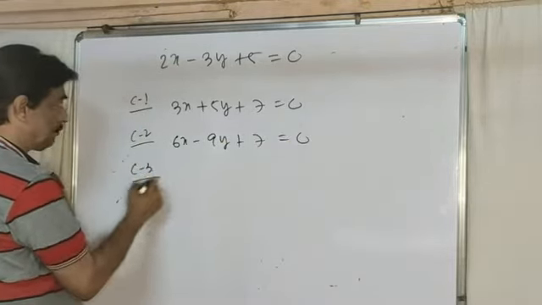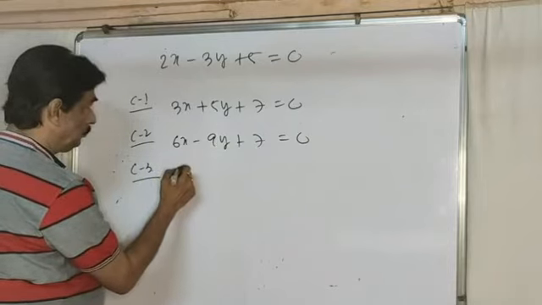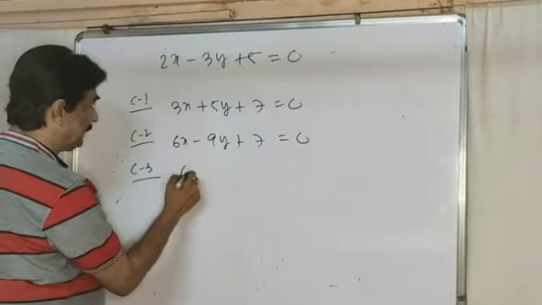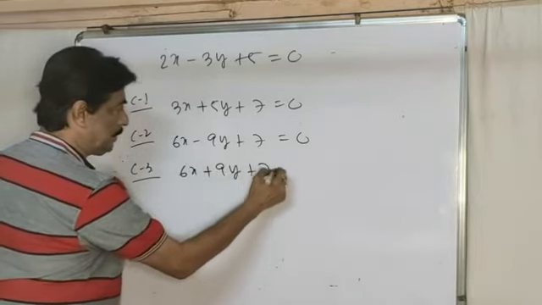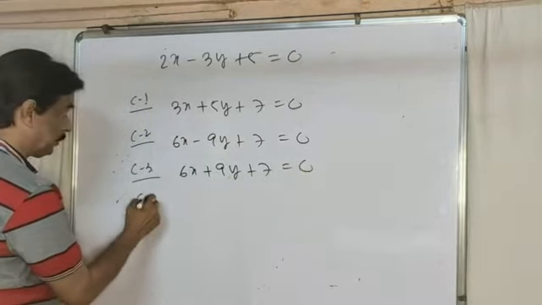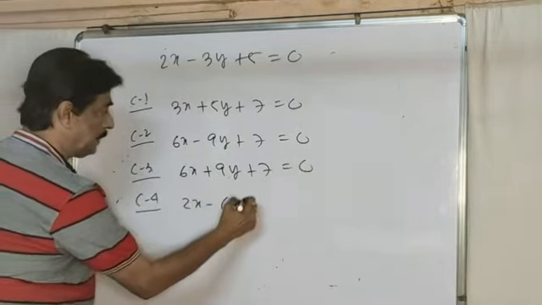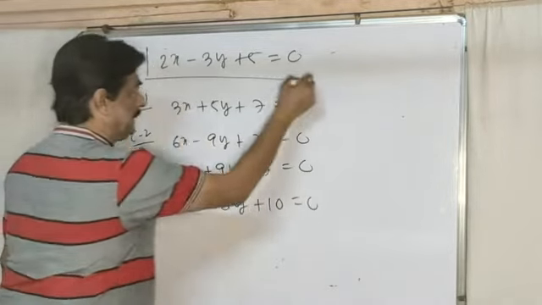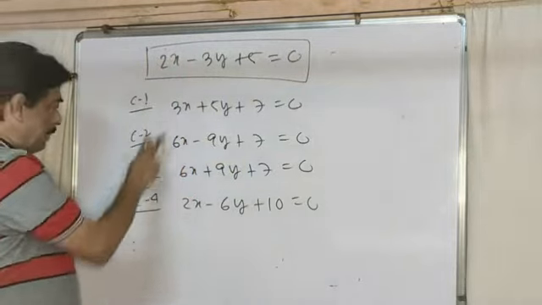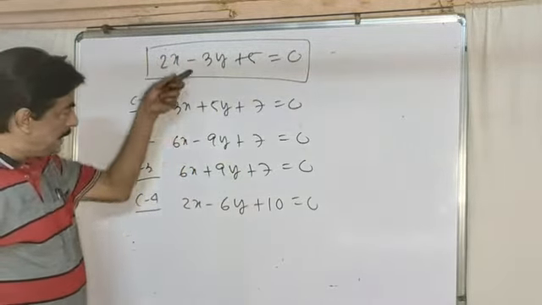Case 3: 6x plus 9y plus 7 equals 0. Case 4: 2x minus 6y plus 10 equals 0. This given line is this, and they are giving 4 lines. You have to find out what is the relation between the given line and this line.